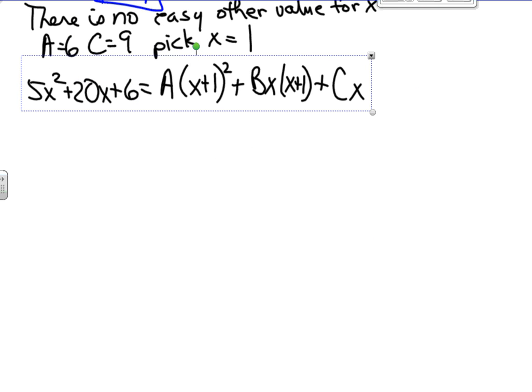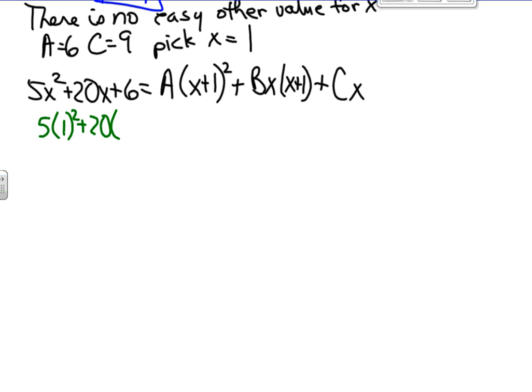So now I'll just put in things that I have here. So 5 times 1 squared plus 20 times 1 plus 6 equals a, which is 6 times 1 plus 1 squared, plus b times 1 times 1 plus 1. Plus c, which is 9 times 1.